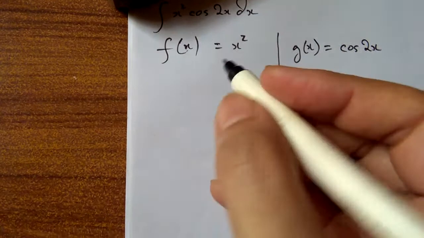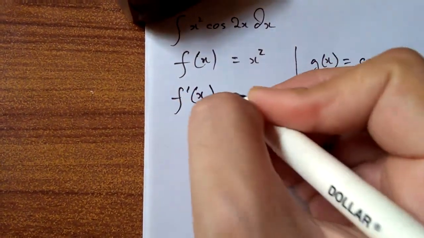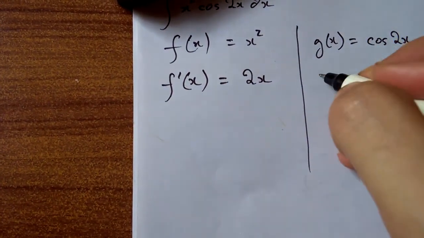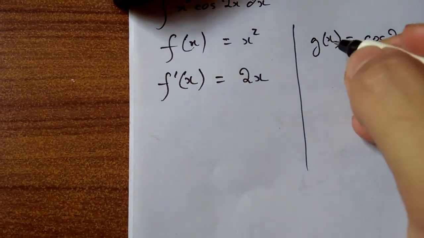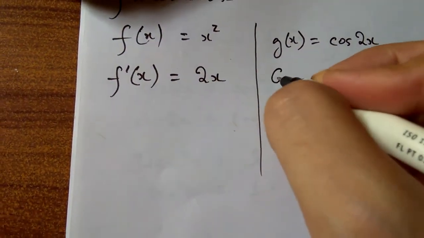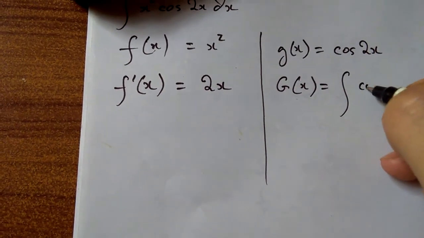Now just differentiate both sides. So now I'm going to do it directly. Differentiating both sides, I'm having 2x, and when I integrate both sides with respect to dx, I'm having g of x.